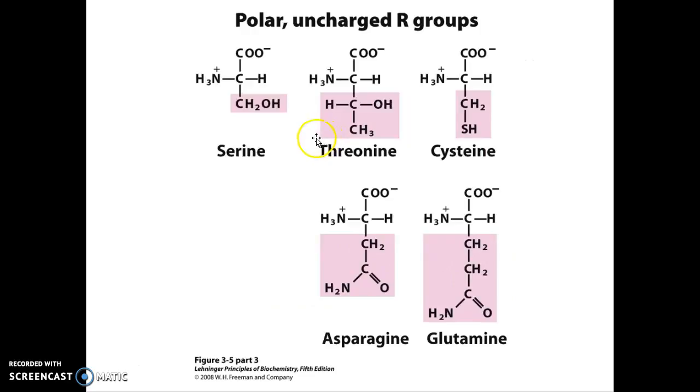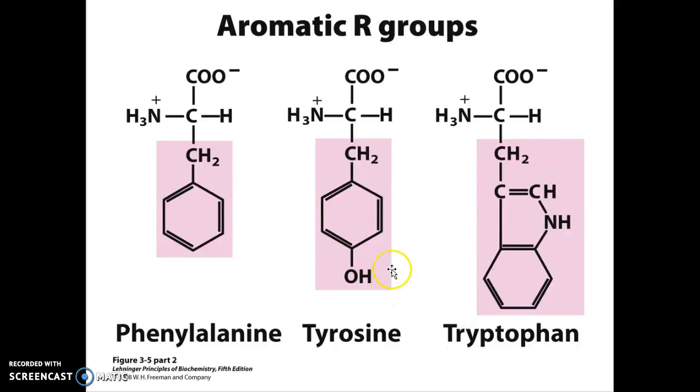The second group is the polar uncharged group: serine, threonine, cysteine, asparagine, glutamine. The third group is the aromatic group: phenylalanine, tyrosine, tryptophan.